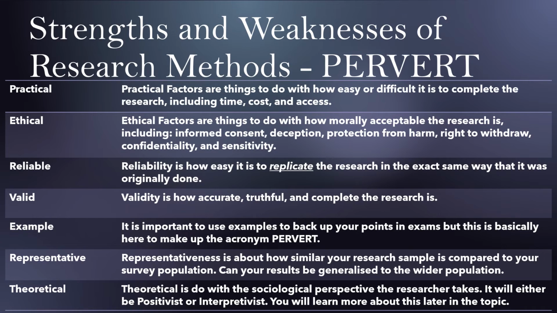A couple others, you've got confidentiality or anonymity, meaning if I've got personal information about someone or any kind of information about a participant, you can't share that. It can't be obvious who your research was done on. And then you've got sensitivity. This links to the protection from harm. A lot of the time, sociological research is dealing with sensitive issues. For example, like domestic abuse.